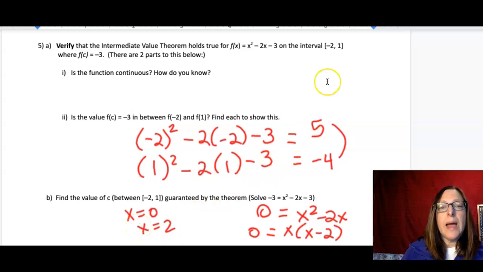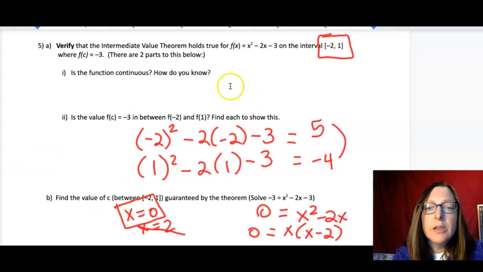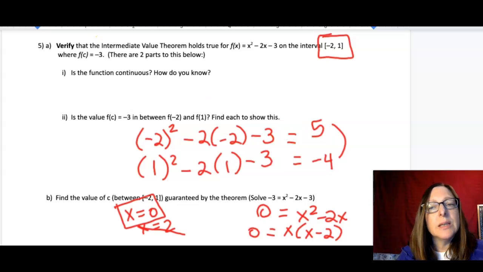Now I want to go back and look at my original interval, and only the 0 is the one value that's in the interval. So if I plug a 0 into my original function, you get a value of -3, and that value is in between. So it does work for the IVT.